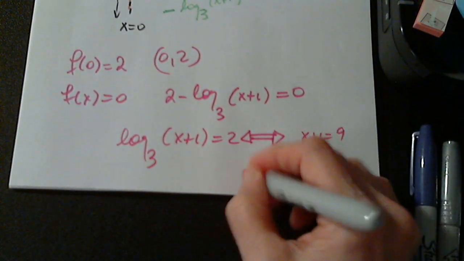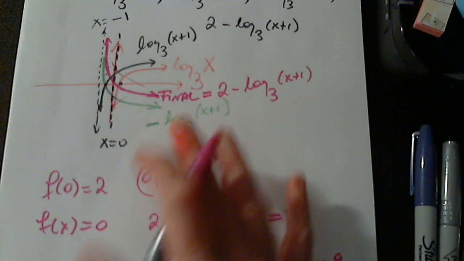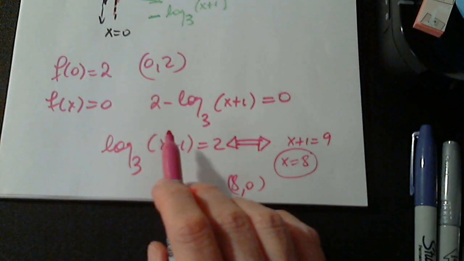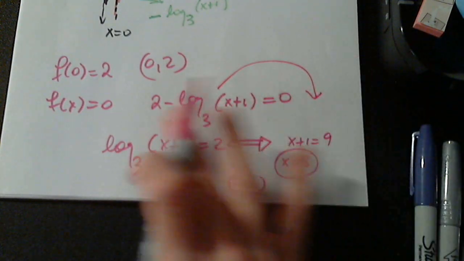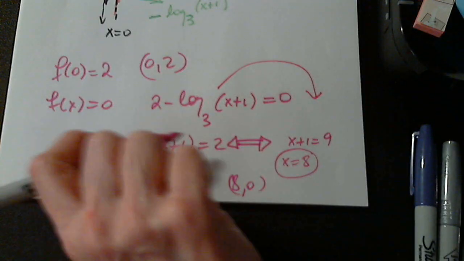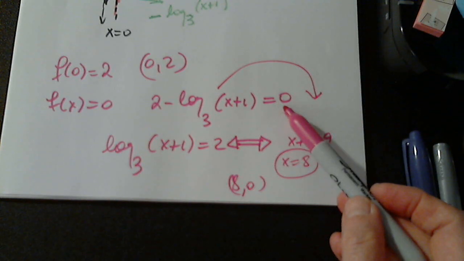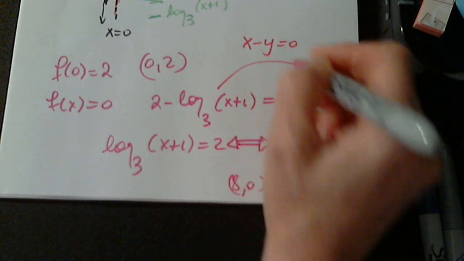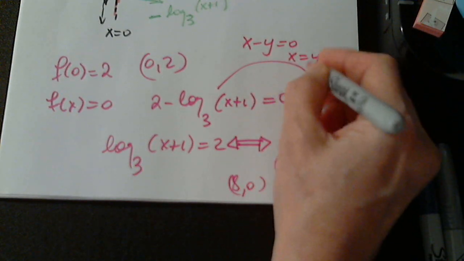So x plus 1 equals 9, so x equals 8. So 8 comma 0. Yes, I was way off. Where did the negative go in front of the log? When I move this to the other side, both of them are positive. And I can rewrite it from the right. In other words, you can write x minus y equals 0, which means x equals y.